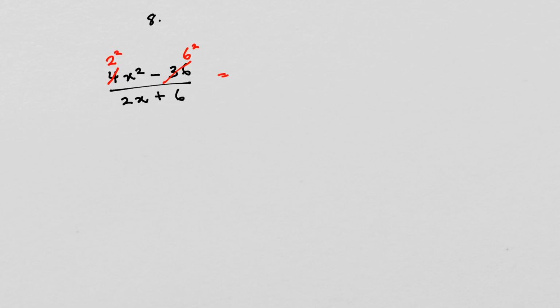2 squared x squared is the same as 2x squared. So now we can see that it is the difference of two squares: 2x squared minus 6 squared divided by 2x plus 6.